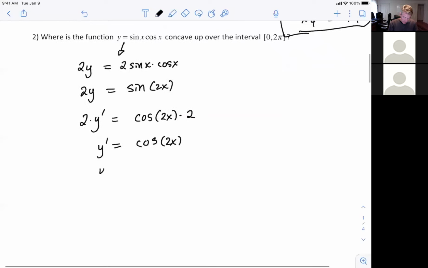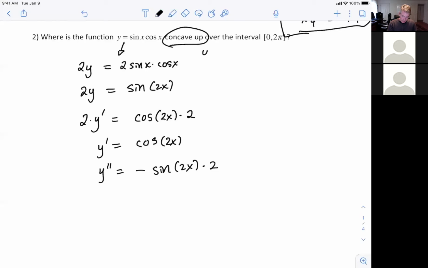So now for the second derivative, the derivative of cosine is going to be negative sine of 2x. And then by the chain rule, take the derivative of 2x, and that's a 2. And I want to know where the second derivative is positive. Well, the number that separates positives and negatives is the number 0.